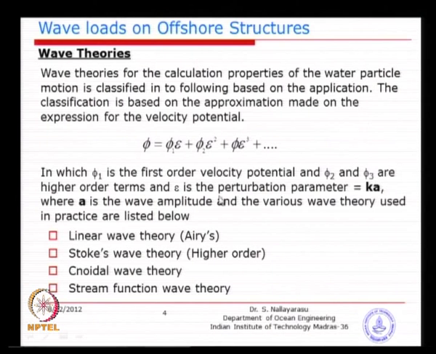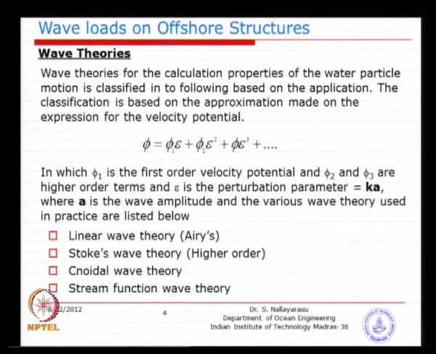So, you see this equation at the top. Basically, the first order, or so-called linear wave theory, is phi 1, which is the velocity potential. You might be going through this just now in your fluid mechanics: the potential function, which is proportional to the velocity of the fluid. The first order comprises the first term of the Taylor series expansion, and then the second order, third order, fourth order.